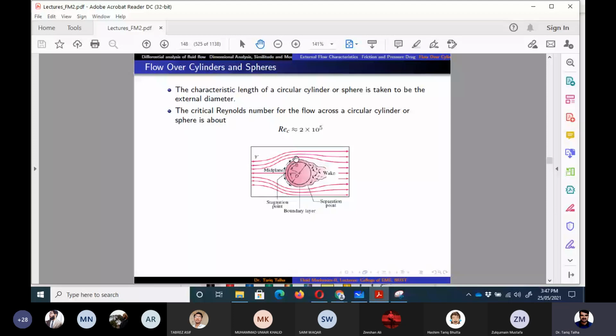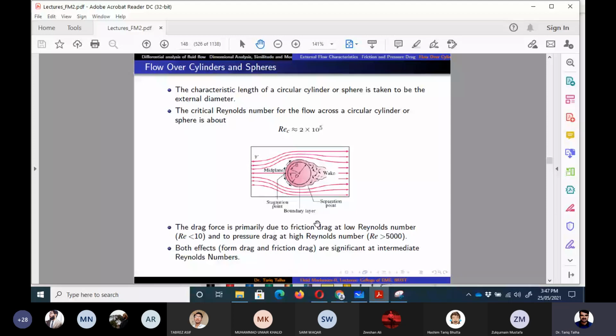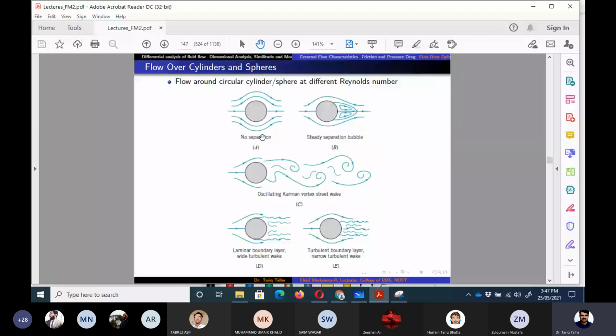When the flow velocity is very low, which was the case in figure A, we call it creeping flow, and in that case the flow would remain attached on the back side.